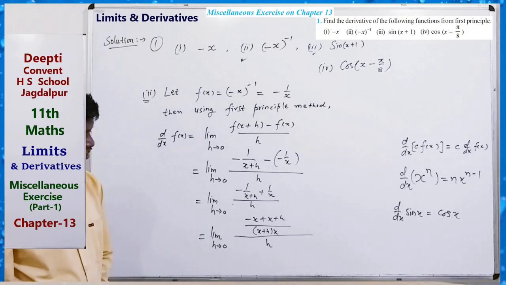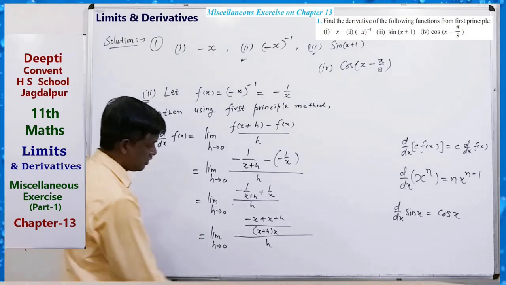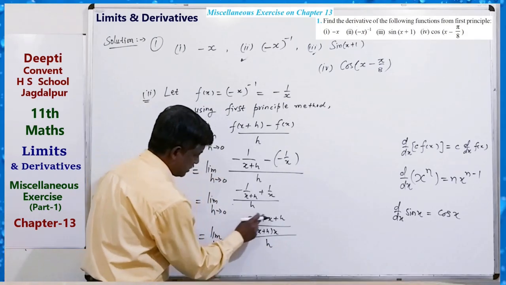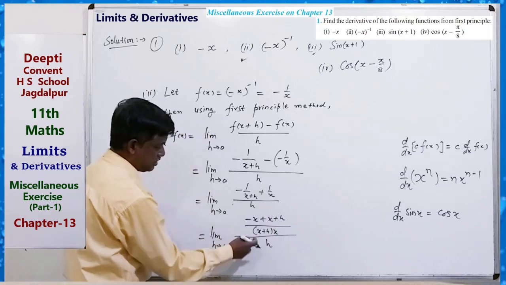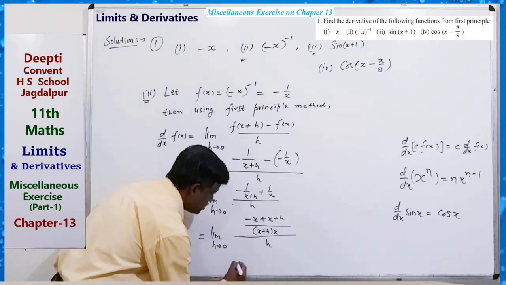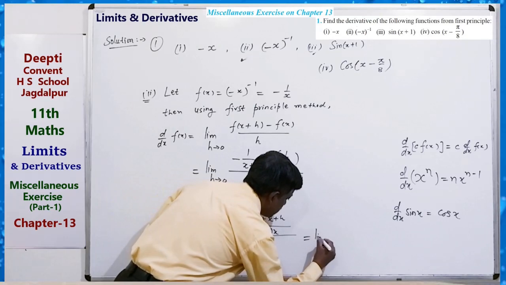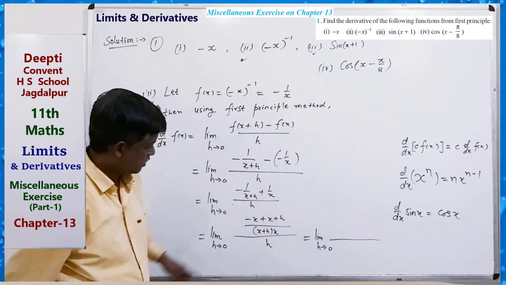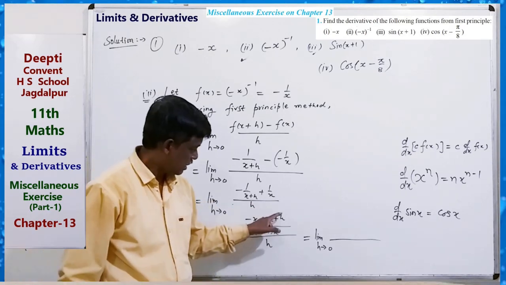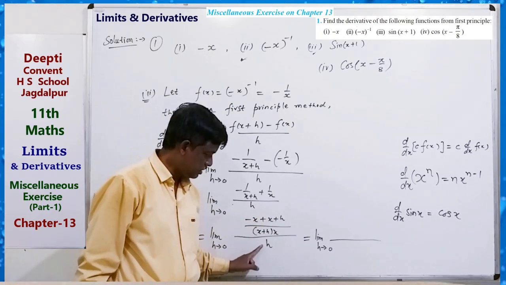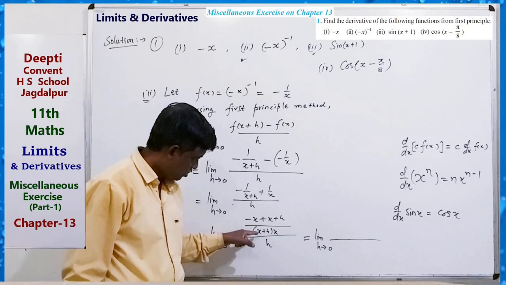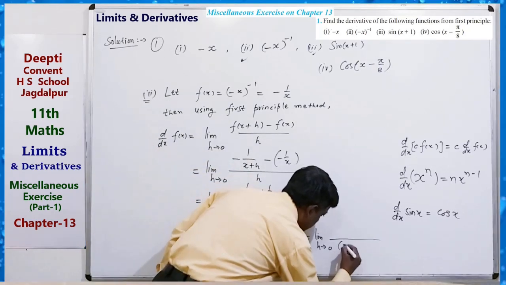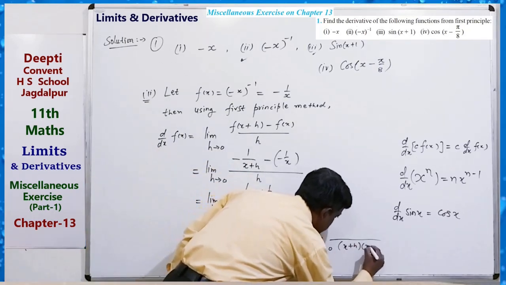Here we see that x cancels, and h upon h cancels also. So this equals the limit as h tends to 0 of 1 by x plus h into x.